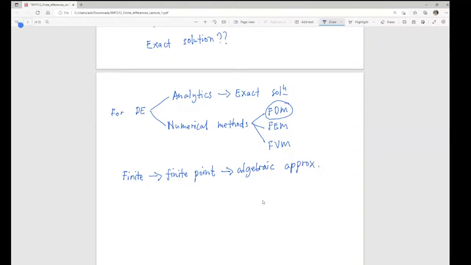Okay? Bear in mind that numerical methods can only find approximation solutions, not the exact. So how?